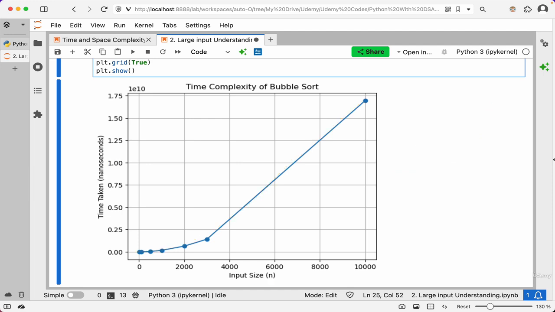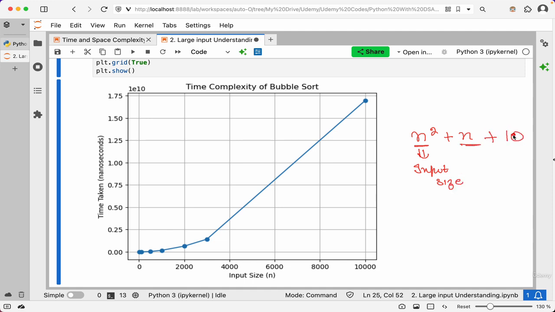So with that understanding, let's say our bubble sort has some relation, say n square plus n, where n is your input size. This is just something I am assuming. Again, I'm not saying that this is the exact relation which bubble sort gives us. I want to show you that these smaller terms are not going to have any effect for very large inputs.